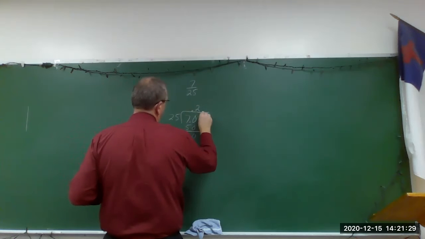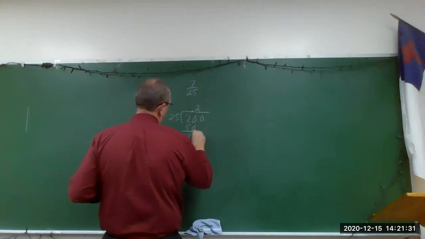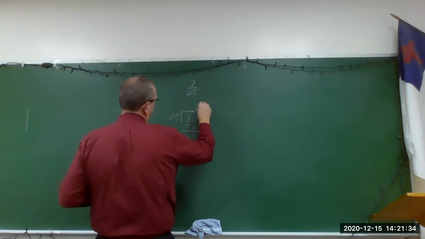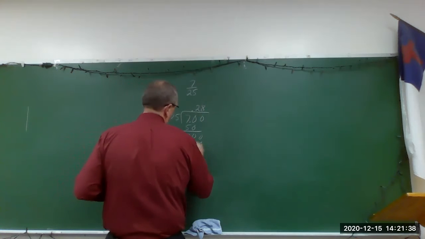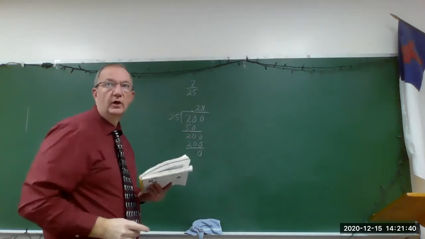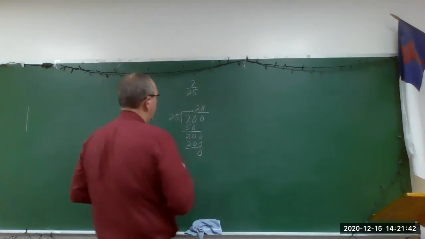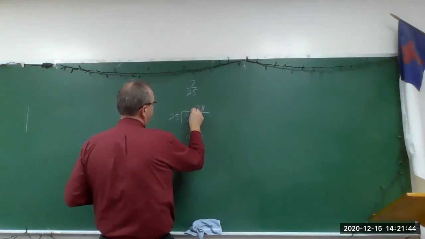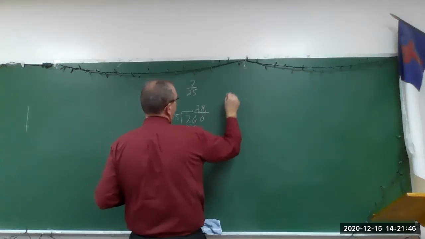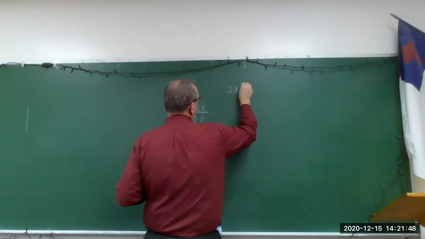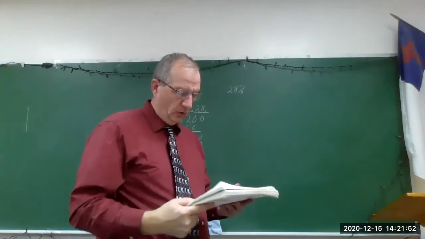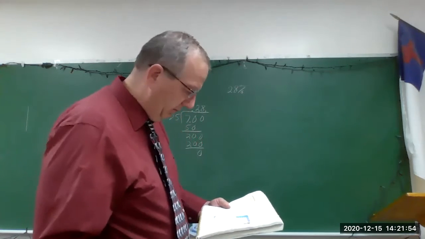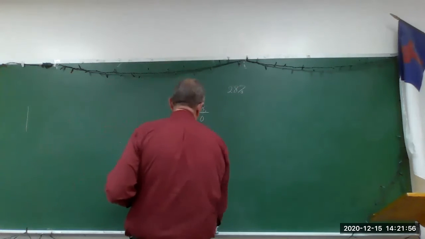So you have 20 there, you're going to add that 0 there, 25 goes into 200 8 times. All right, so that leaves you with a remainder of 0. Okay, so now you're going to take the decimal point and you're going to move it 2 places to the right to get your percentage. Okay, so that will give you your percentage.